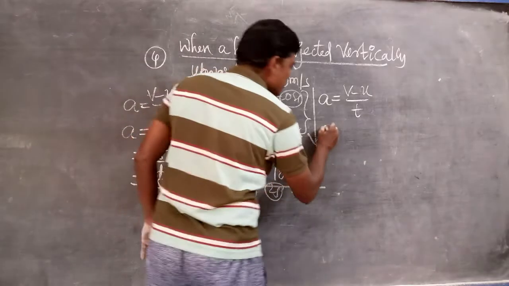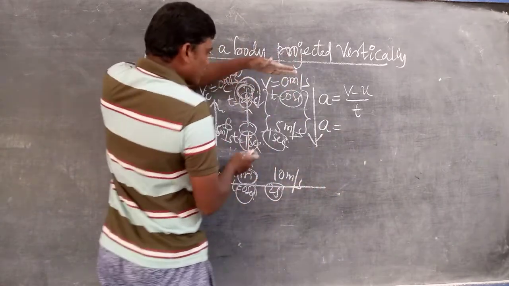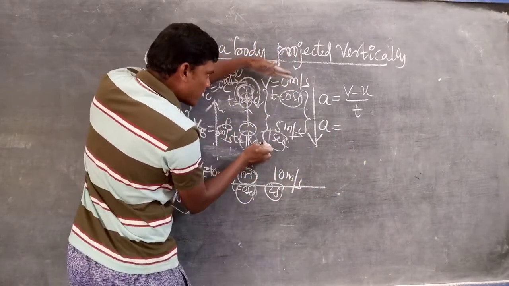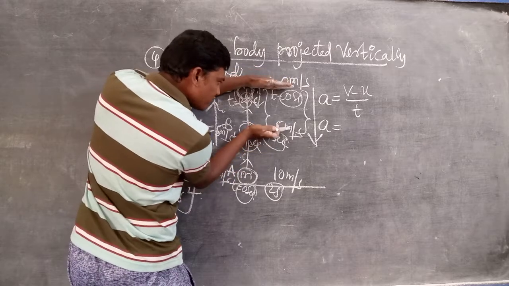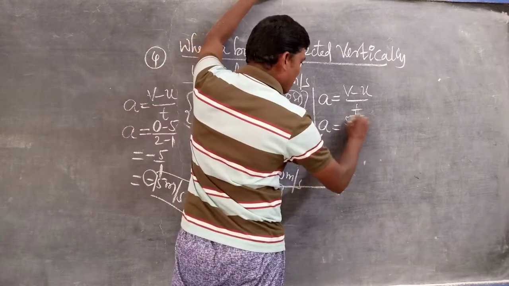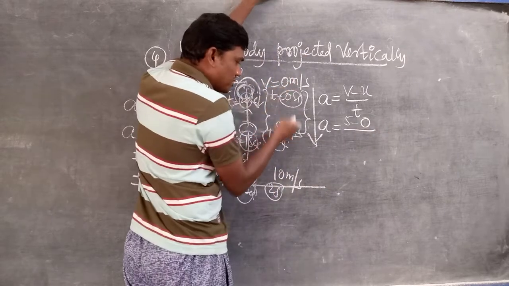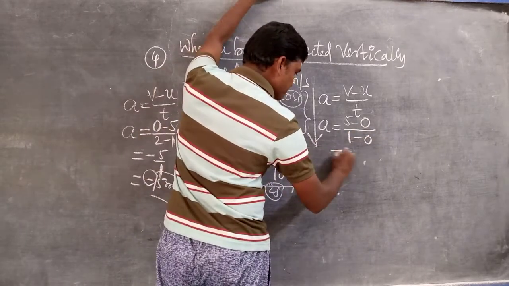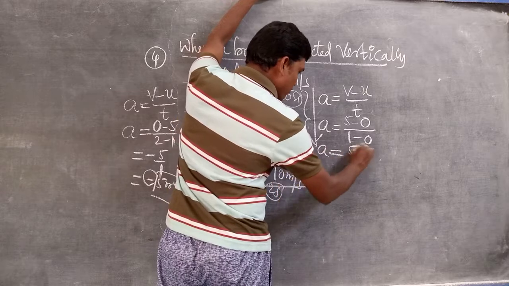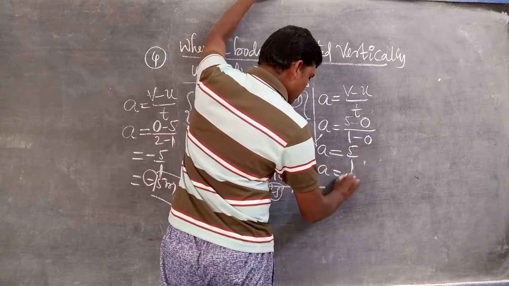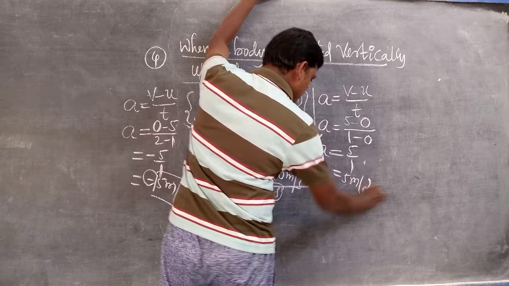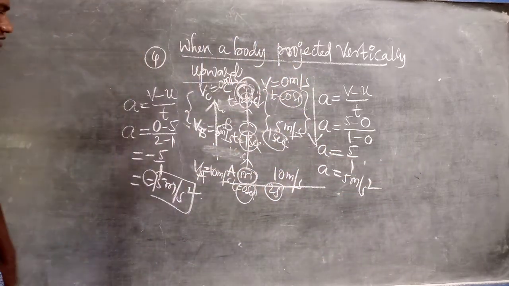Now in this one, these two points you can take in the downward direction. What is the final? 5. What is the initial? 0. By 1 minus 0. So a equals 5 upon 1, then a equals 5 meter per second square.